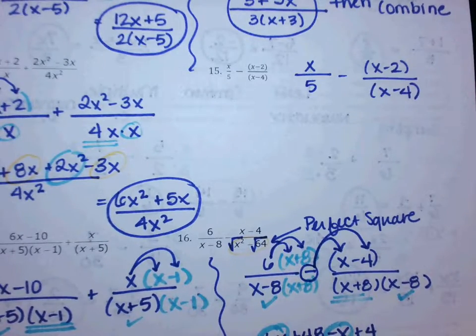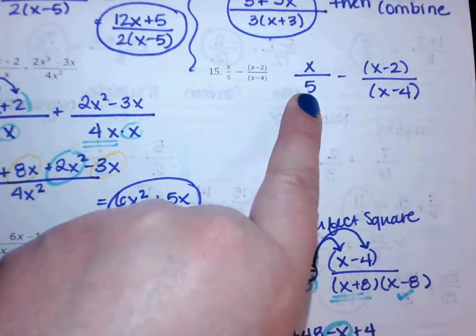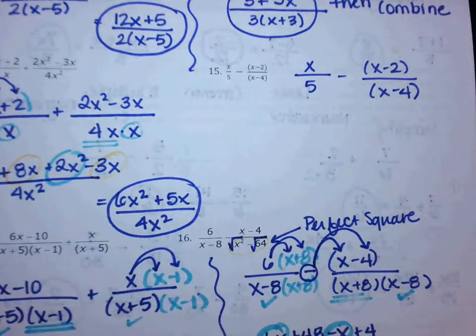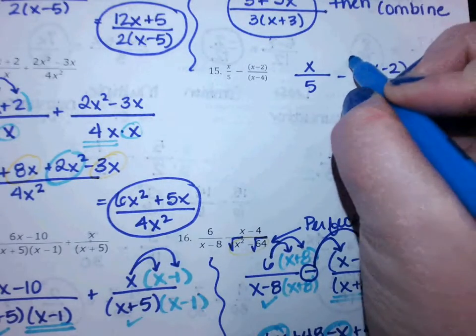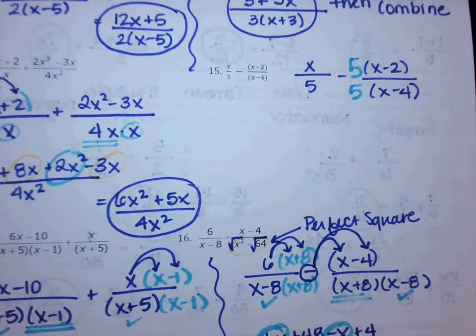Okay, what does the first fraction have on the bottom? A 5. So then I'm going to put a 5 here and here. Now they both have a 5. What does the second fraction have? An x minus 4.